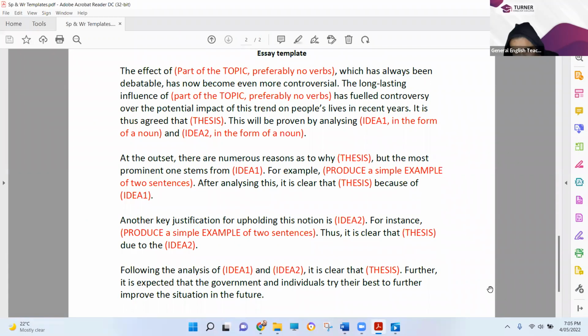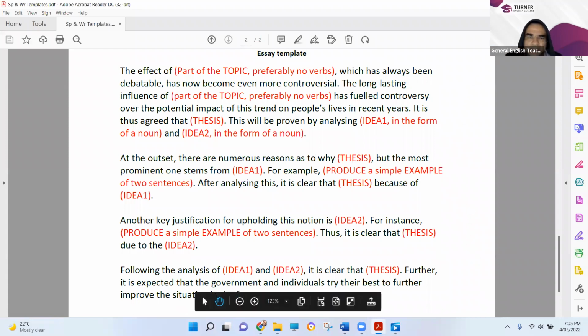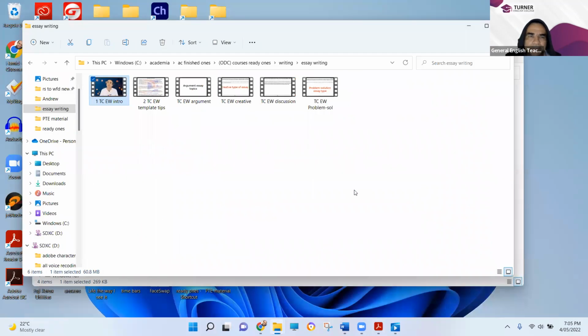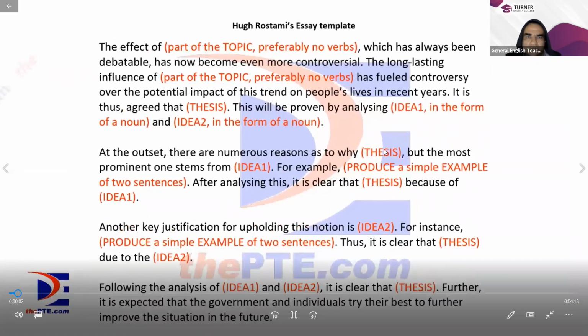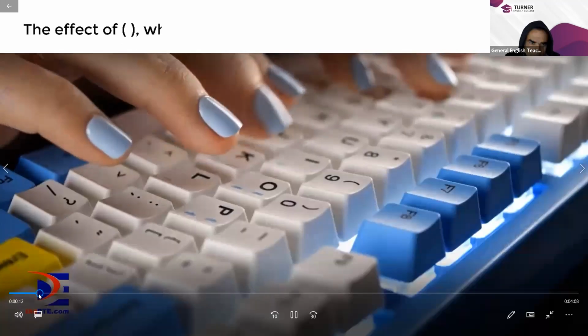So this is the template for essay writing. Whatever topic they give you, you just start typing this, and I'll show you how to do it, okay? So let's get started. Now you can download the essay writing template from the download section.